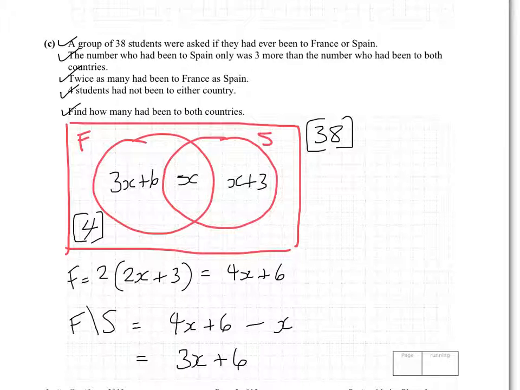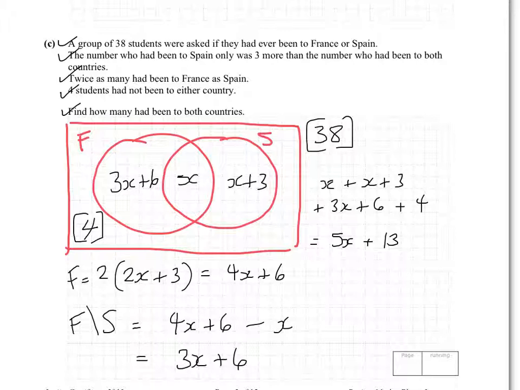Now we're asked to find out what is x, how many had been to both countries. And to do that, we need to appreciate that these 4 sections that we have here, when added together, make 38. So if I were to add them together, so x plus 3, and also 3x plus 6, and also 4, ties up to become 5x plus 13.